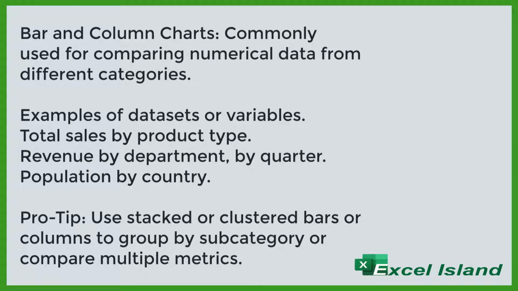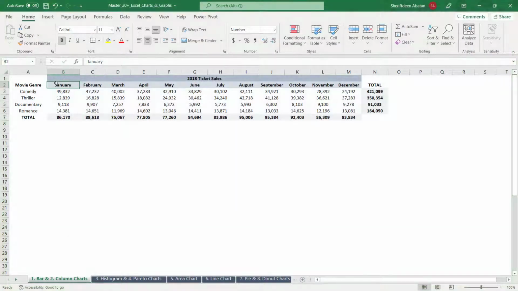Examples of data sets you can use on this chart type are total sales by product type, revenue by department by quarter, or population by country. One pro tip is to use stacked or clustered bars or columns to group by subcategory or compare multiple metrics. So let's jump into Microsoft Excel and play with this chart type.